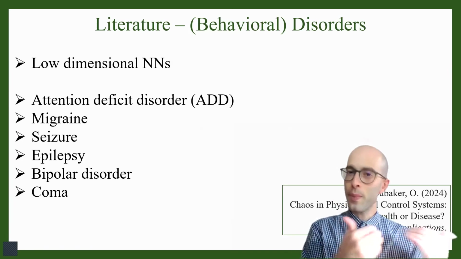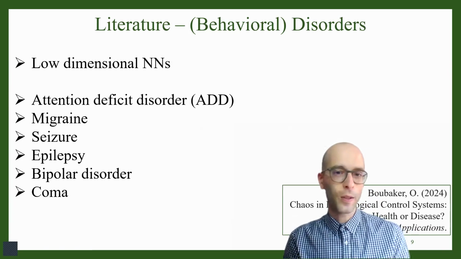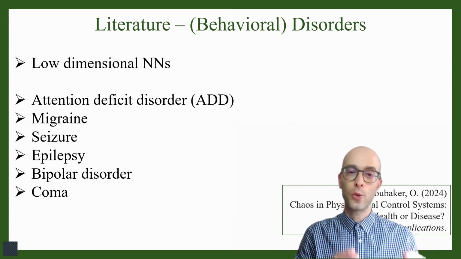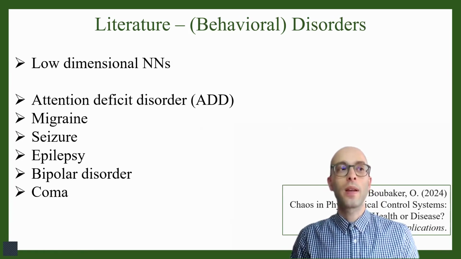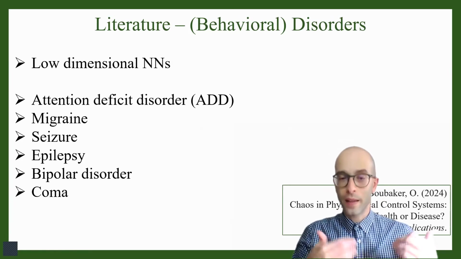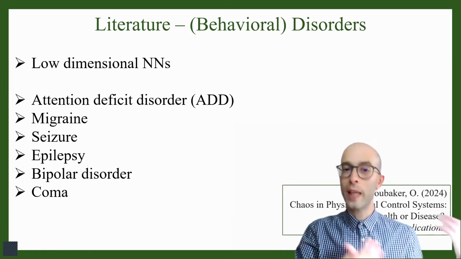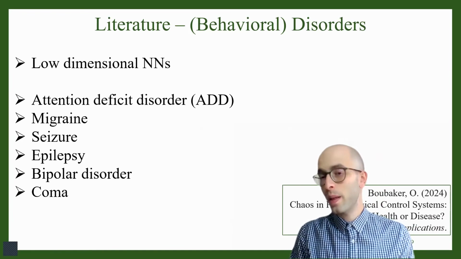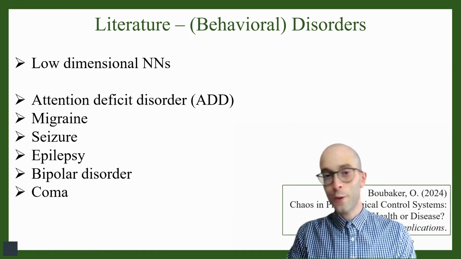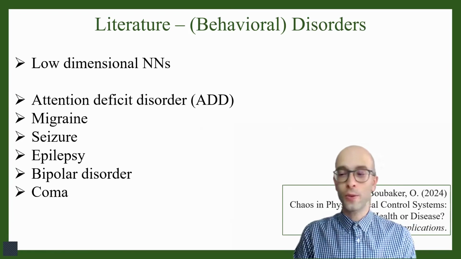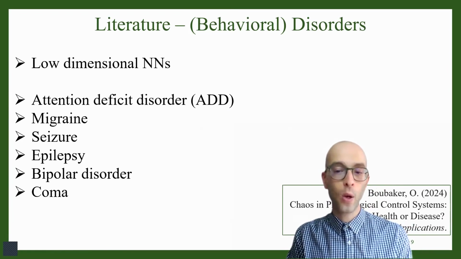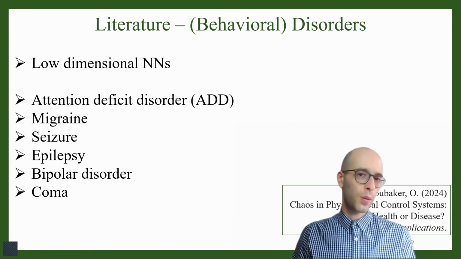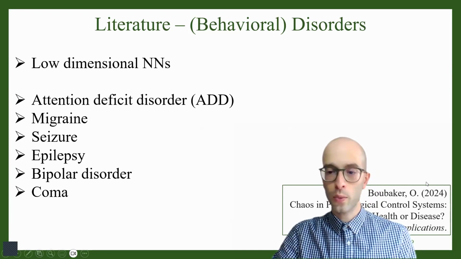Okay. What is very interesting to note here is that in all of these systems, the emergence of chaos can either be a positive thing or a bad thing. Okay. So there may be situations where chaos is desirable because it is the natural behavior of the system. It should be chaotic, while in other situations, the system should not be chaotic, should be in a periodic regime. Okay. So by the way, this is a very interesting topic. I should draw your attention to a very recent paper by Olfa Boubaker, very well-known researcher, of course, in the community, from 2024.